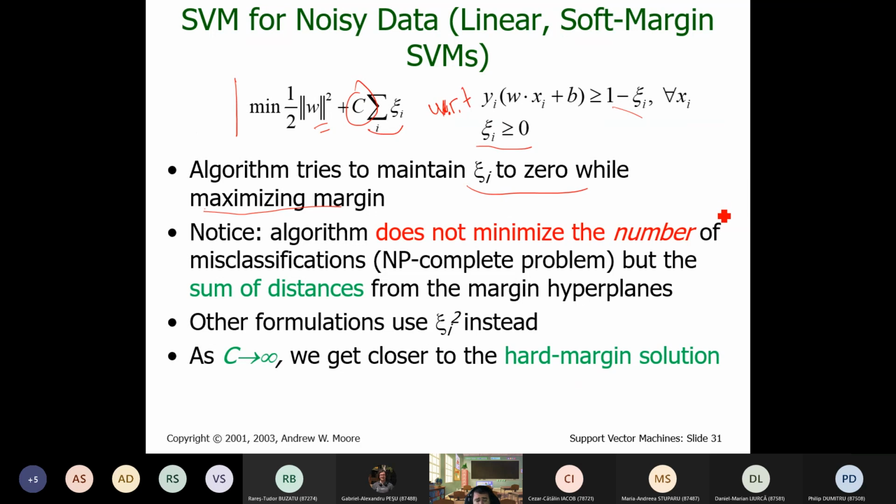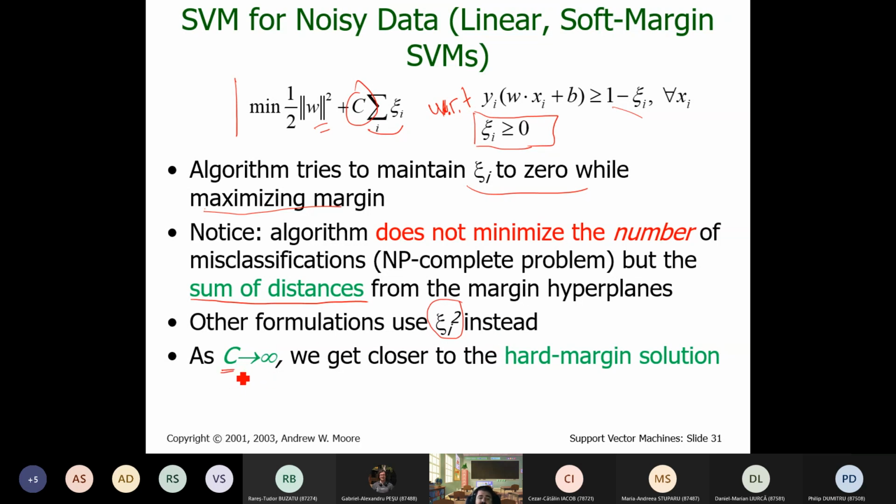However, you should notice that the algorithm doesn't minimize the number of misclassifications, which is an NP-complete problem, but the sum of distances from the margin hyperplanes to the position of the errors. To show that the slack variables should be positive, there are some formulations that use xi squared instead of xi, because the squared value is always positive.